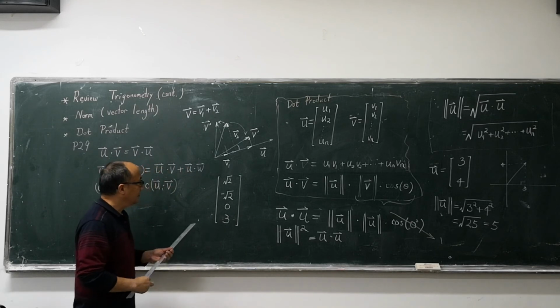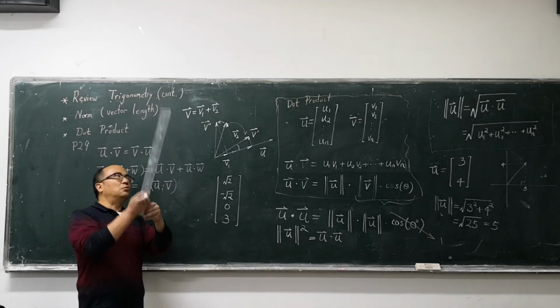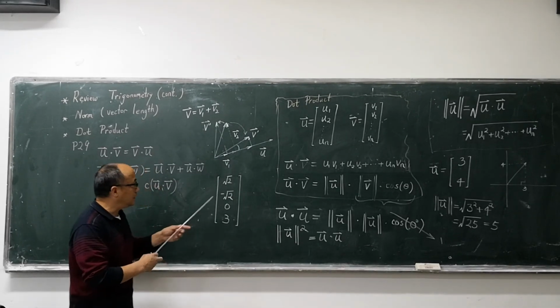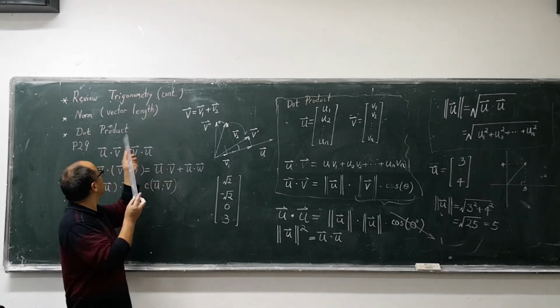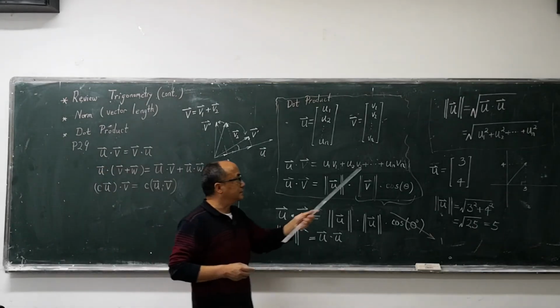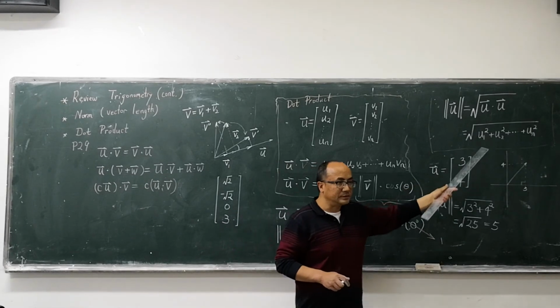For this one, we don't know where to point it. But we can calculate its length. We can calculate the norm, the vector norm, by using this.